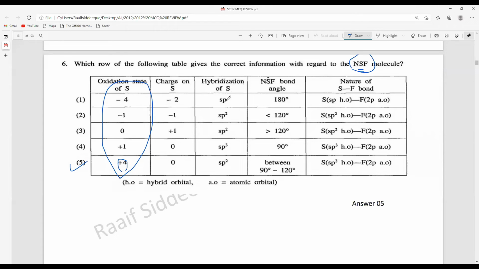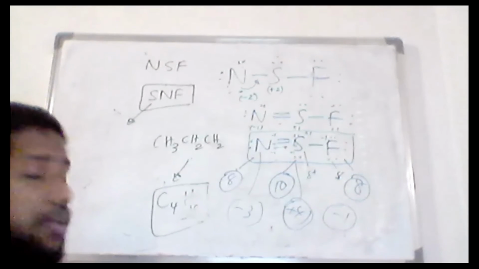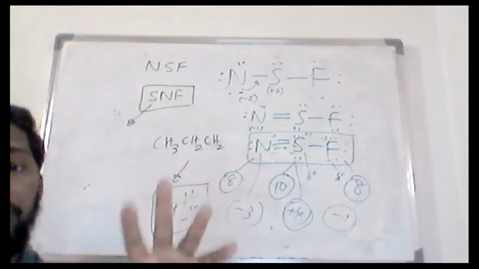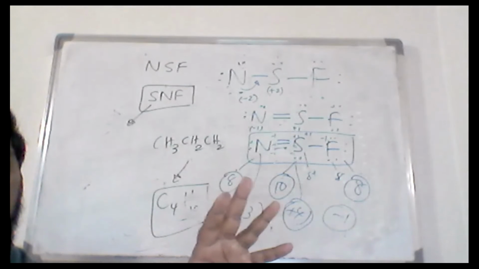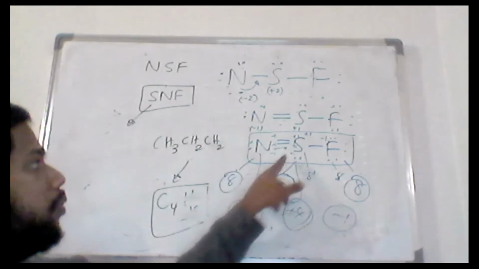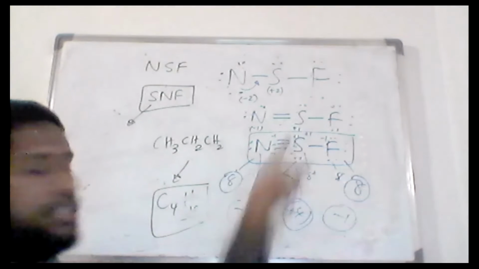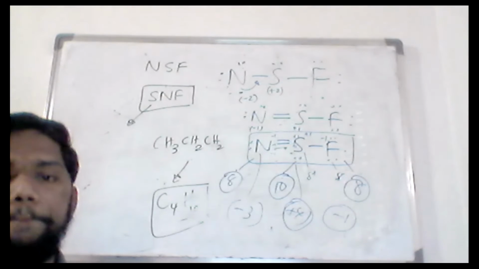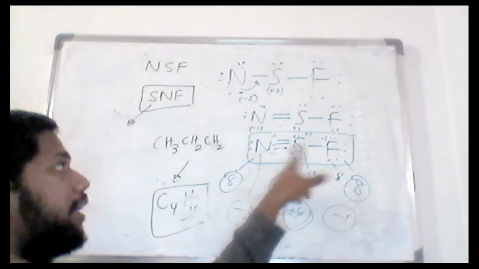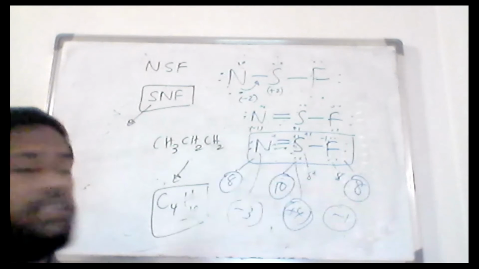And the most important thing comes here, the hybridization. This part is very tricky. According to our organic chemistry rule, can you tell what is the hybridization of this? There is a triple bond here, there is a single bond here, there is sulfur.